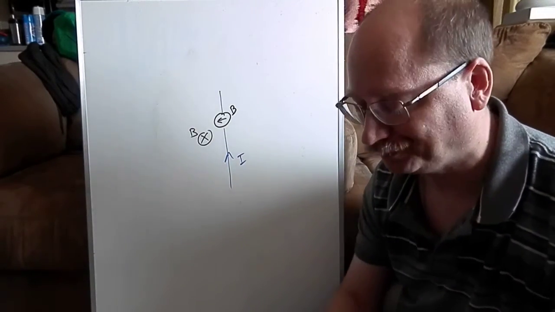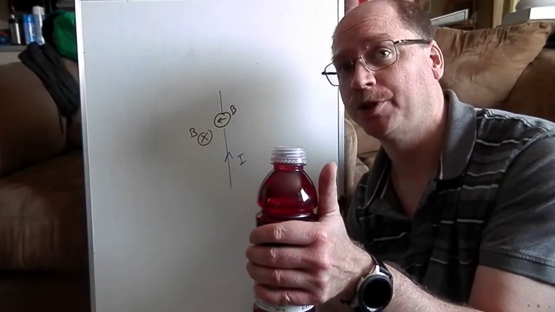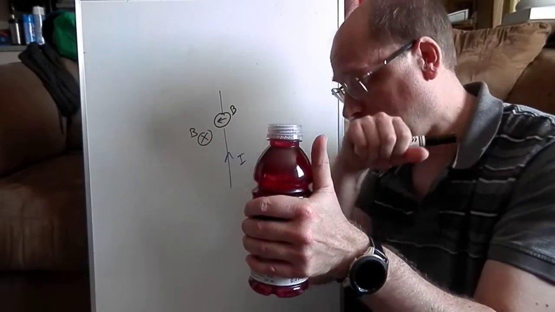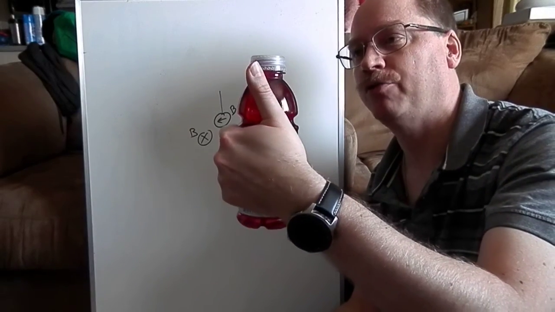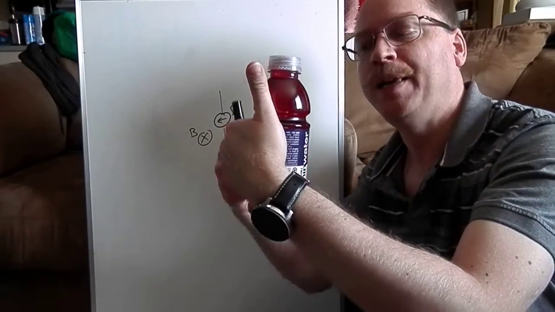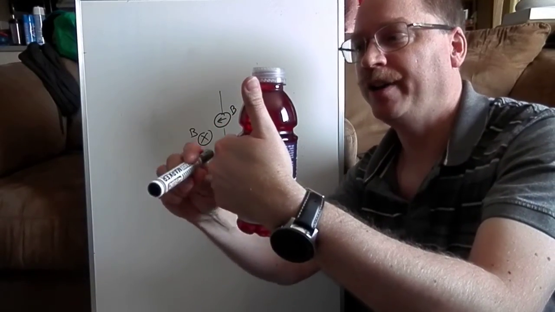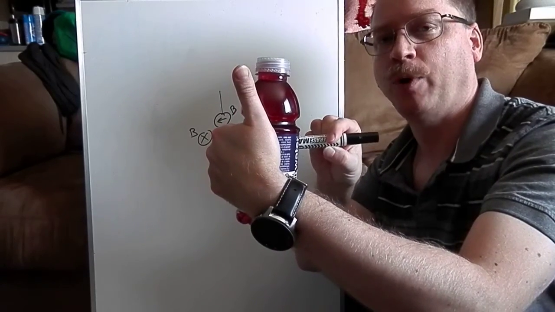Now this is the part where you have to trust me a little bit, but if you're also following along, you should get this as well, I hope. As my fingers wrap around, my fingertips are now behind here, and as my fingertips come around behind, they're pointing off this way.